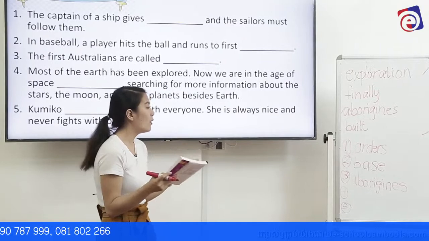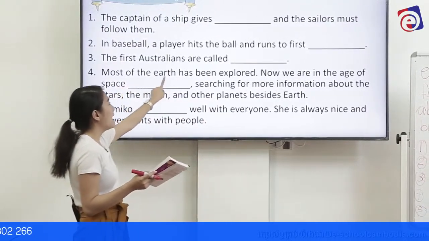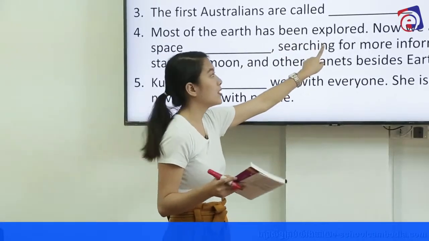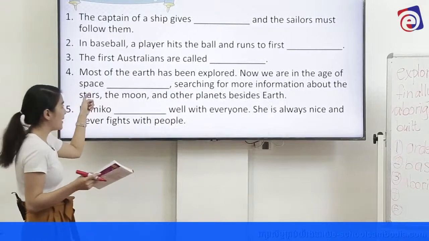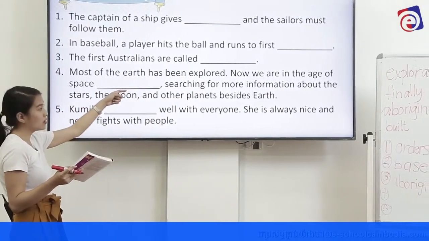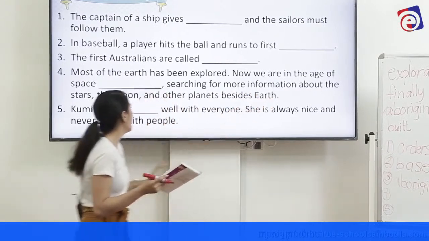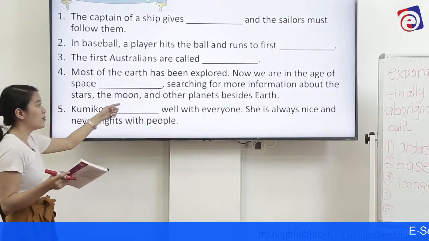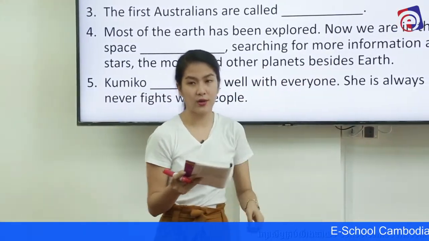Okay? Number 4. Most of the earth has been explored. Now, we are in the age of space, blank, searching for more information about the stars, the moon, and the other planets besides Earth.